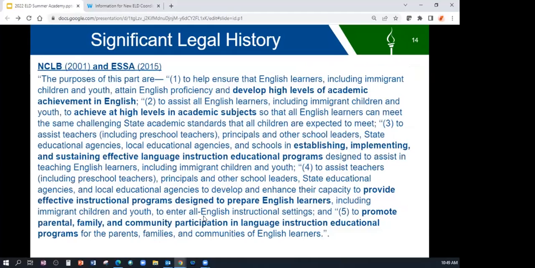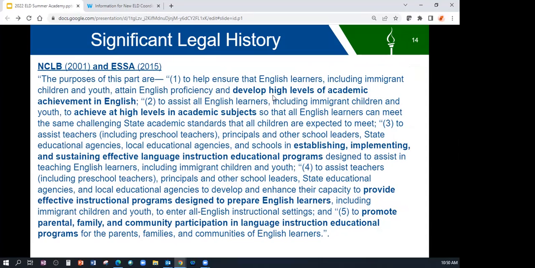So following this, we went to No Child Left Behind in 2001, and now we have ESSA, or ESEA, that was started in 2015. And there are 5 purposes to our current legal obligations.